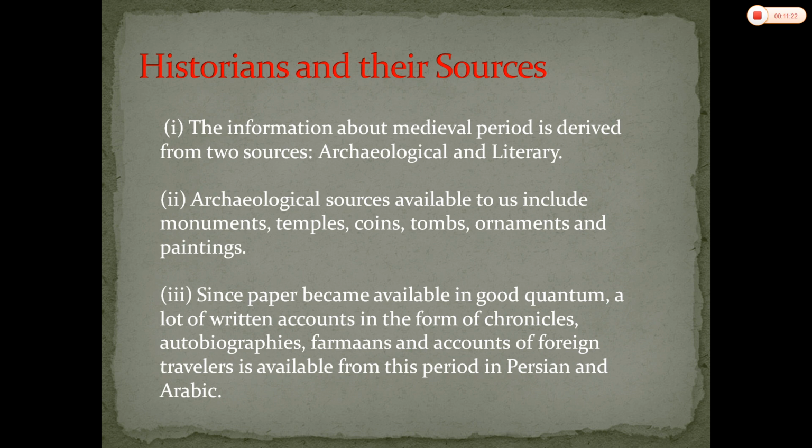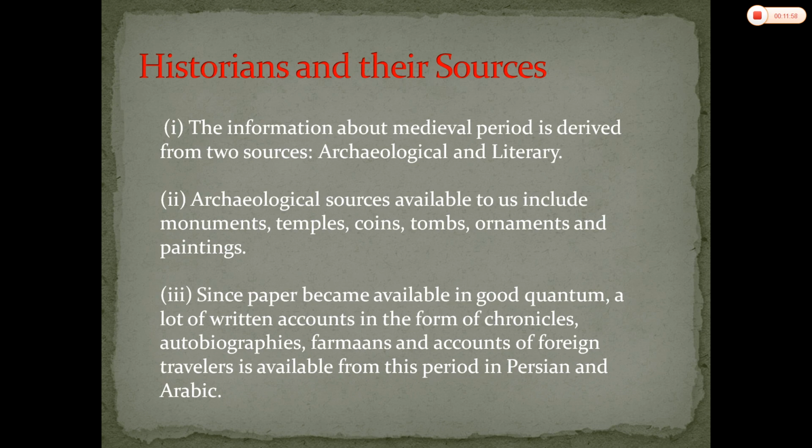Archaeological sources available to us include monuments, temples, coins, tombs, ornaments, and paintings. You would have studied the meaning of archaeology last year. Archaeology is the study of old objects. So monuments, temples, coins, tombs, ornaments, old paintings, all these things are sources of studying history.